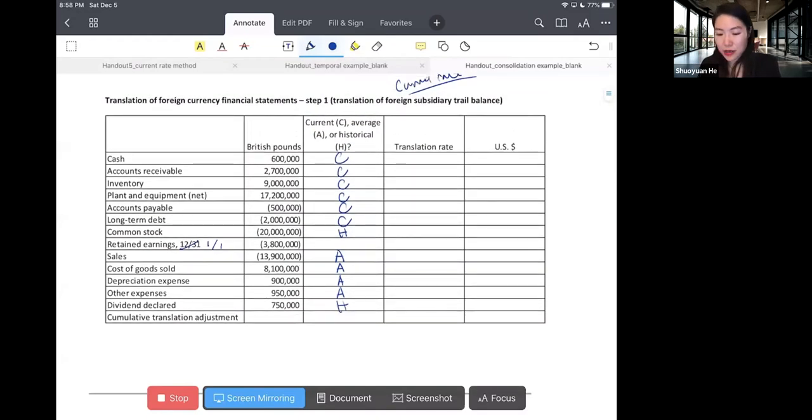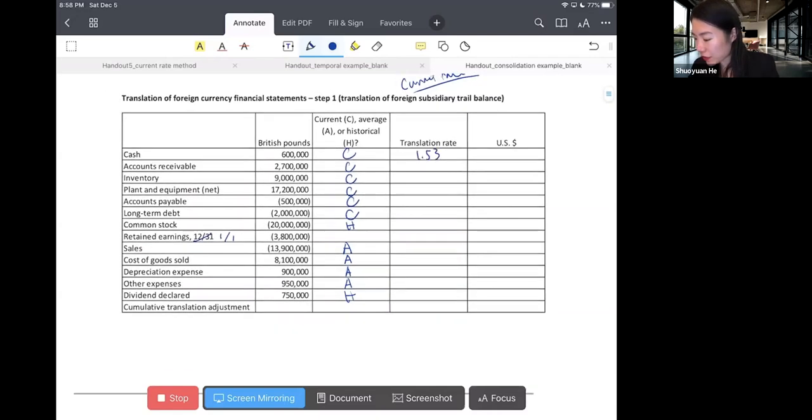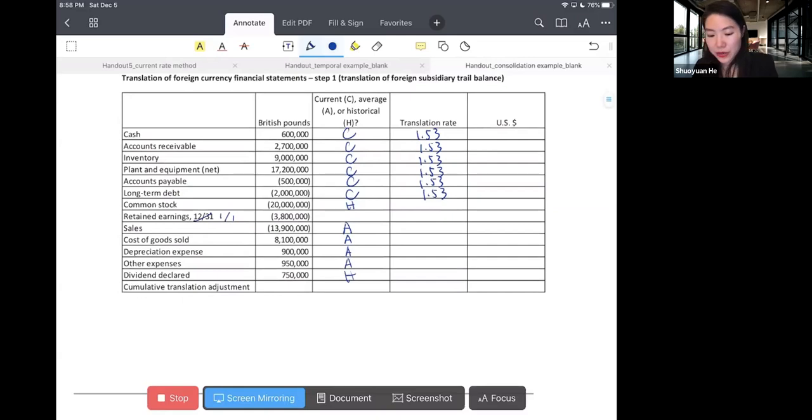So let's just do the translation first. Current rate is 1.53. Historic rate, when the firm first issued its stock, that was when it was first established, on January 1st, 2014. So the exchange rate is 1.51.